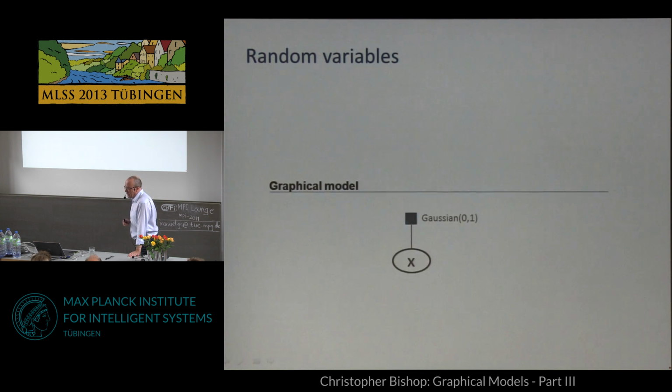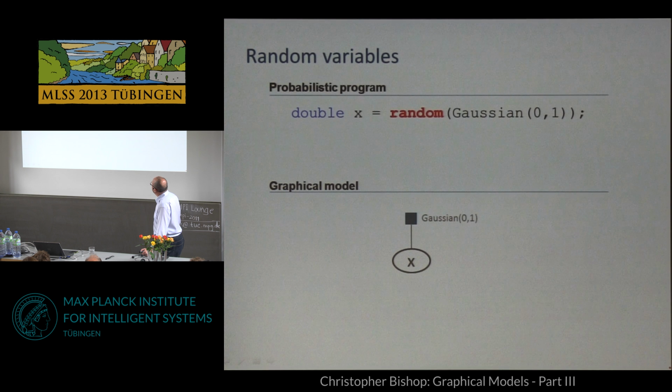So let's think about the relationship between graphical models that we spent a lot of time discussing and probabilistic programming. How would we build probabilistic models in a probabilistic programming language? Well, the basic thing that we start with are random variables. So if we have a Gaussian, x is a Gaussian with distribution 0, 1, so it has a mean of 0 and a variance of 1, or a standard deviation of 1.